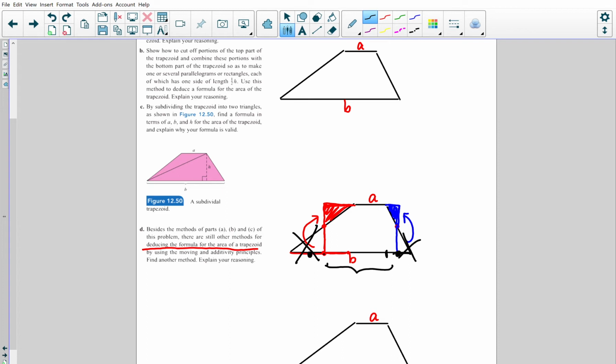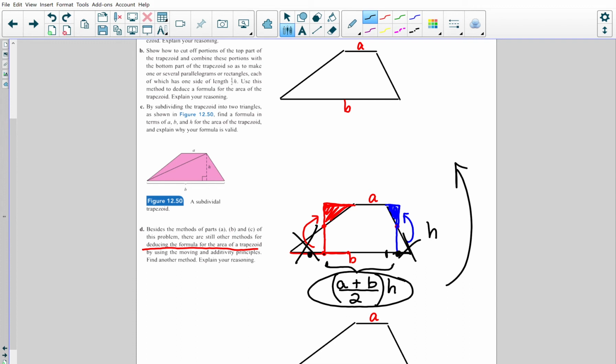We created the average between A and B here, and when we find an average, we add the two lengths and divide by 2. Then to find the area of the rectangle, we take that average and multiply it by the height h. Again, the same thing as previous problems, C, B, and A, but a slightly different looking form.